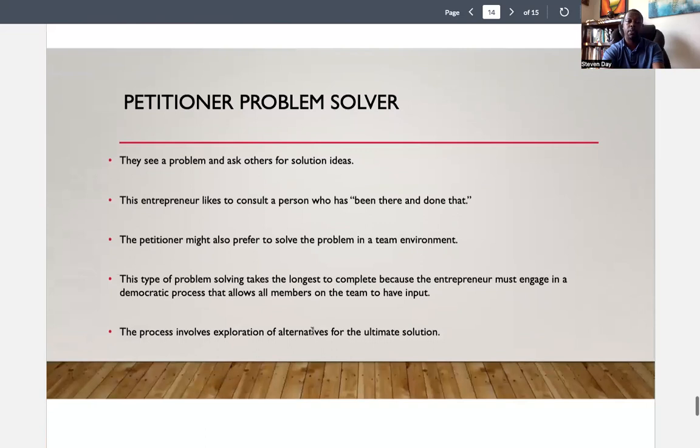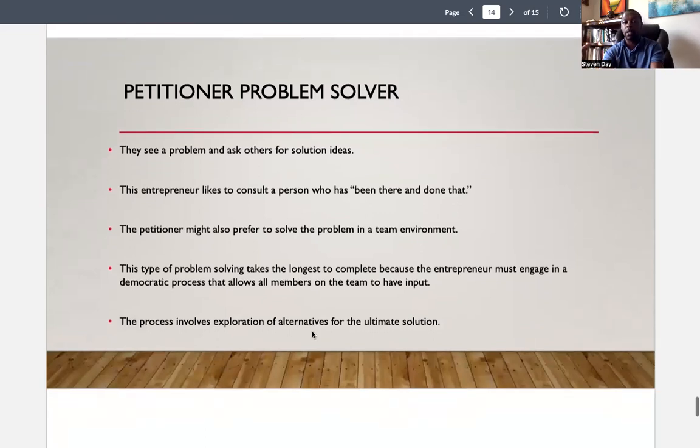Lastly, you have a petitioner problem solver. These people seek support. They see a problem and ask others for solution ideas. The petitioner might also prefer to solve a problem in a team environment.